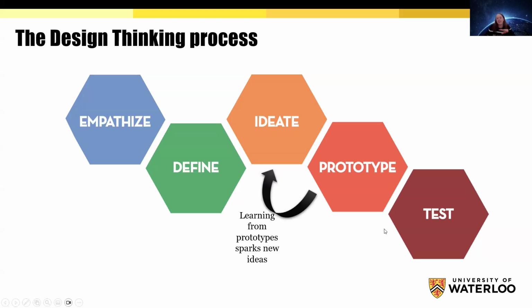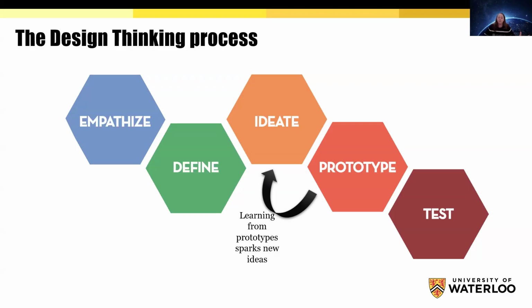The thing I mentioned about the design thinking process is that it's iterative, right? It's not just one linear process where we get from empathize to define, ideate, prototype, test, and then it's done. That's not how this process works. It's meant for us to fail at different points and go back and forth to different areas.